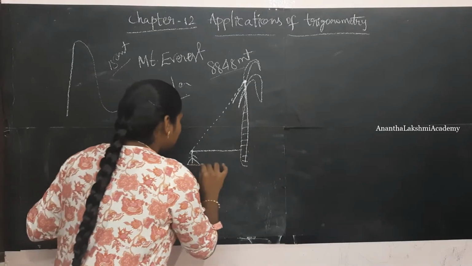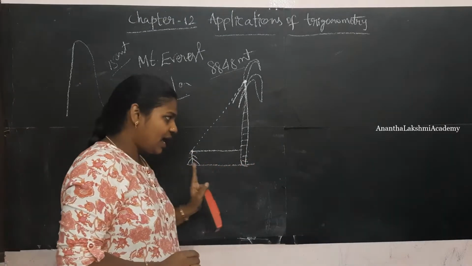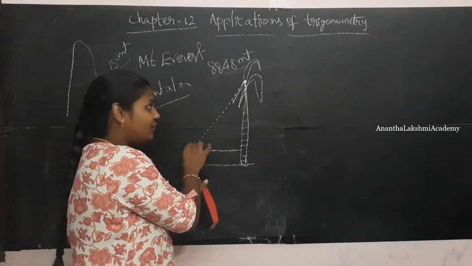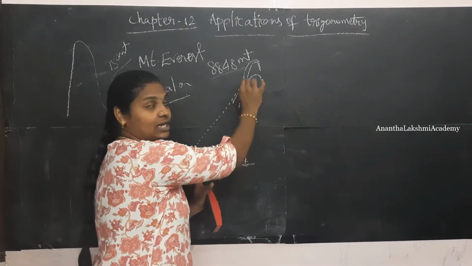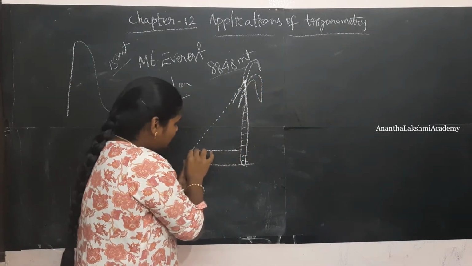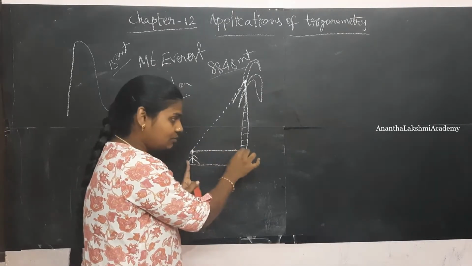Look at this. Vijaya and the palm tree are on the same ground. From her eye, I have drawn a line to the top of the tree, and I have also drawn a straight horizontal line from her eye to the bottom of the tree.